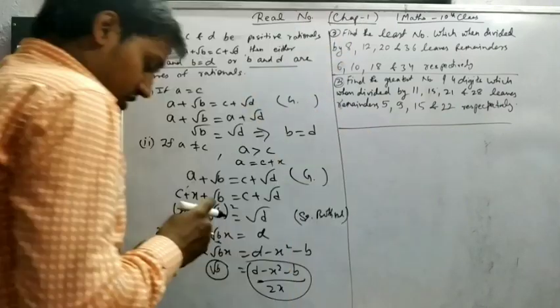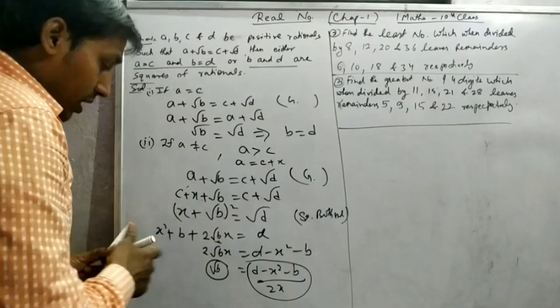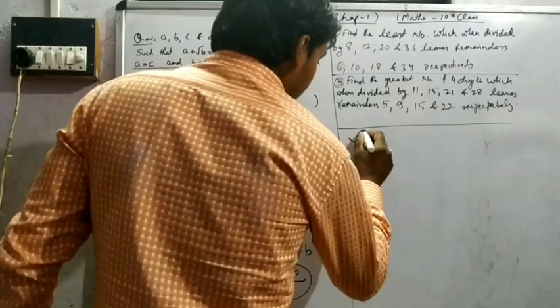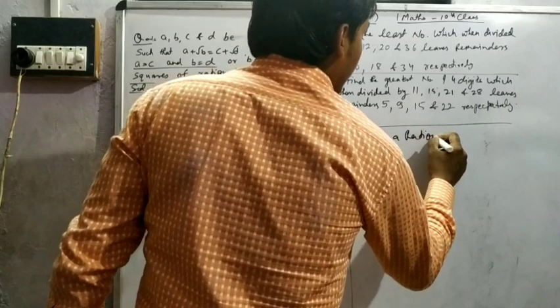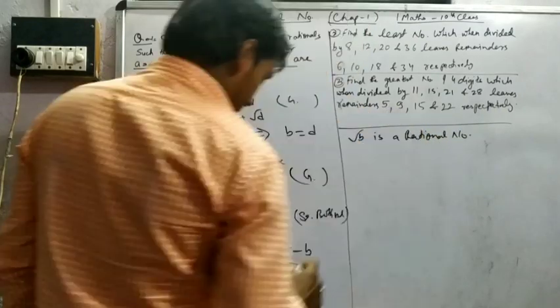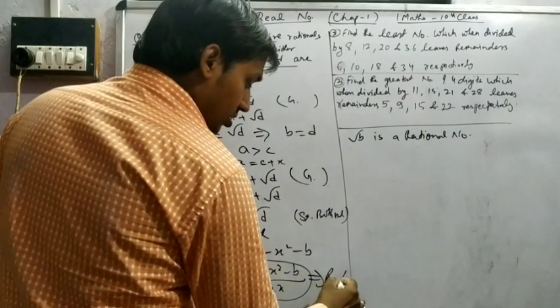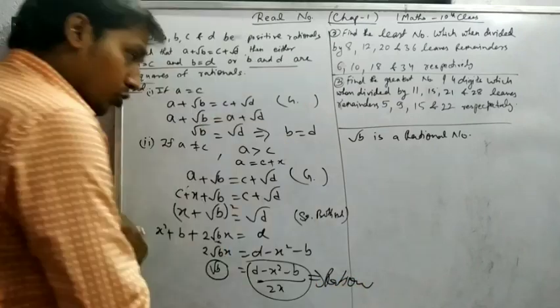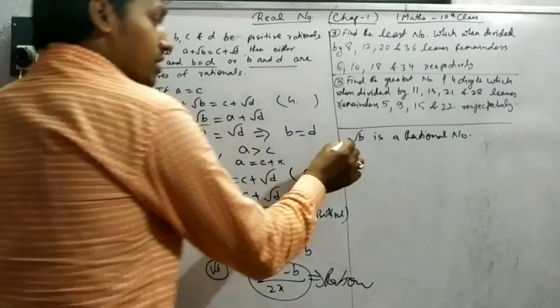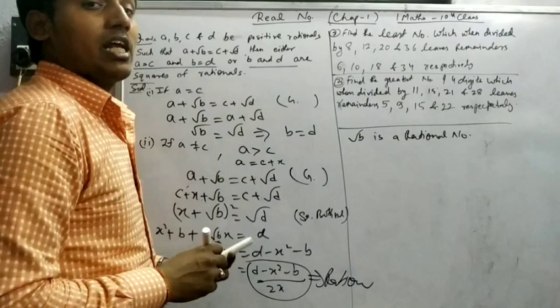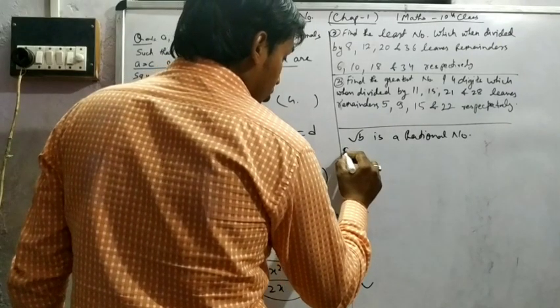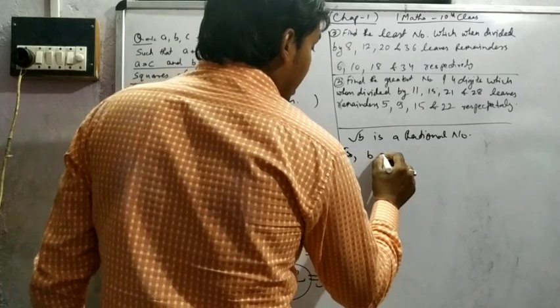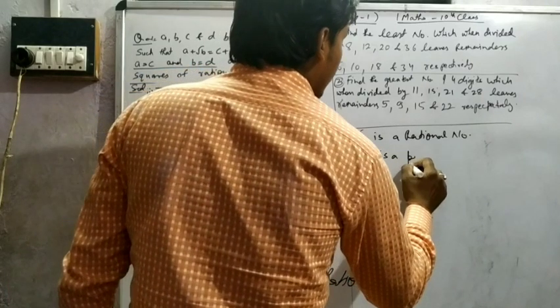that means root B is a rational number, because this is rational, so root B is also rational. If root B is rational, when the root number is rational, then B is a perfect square.